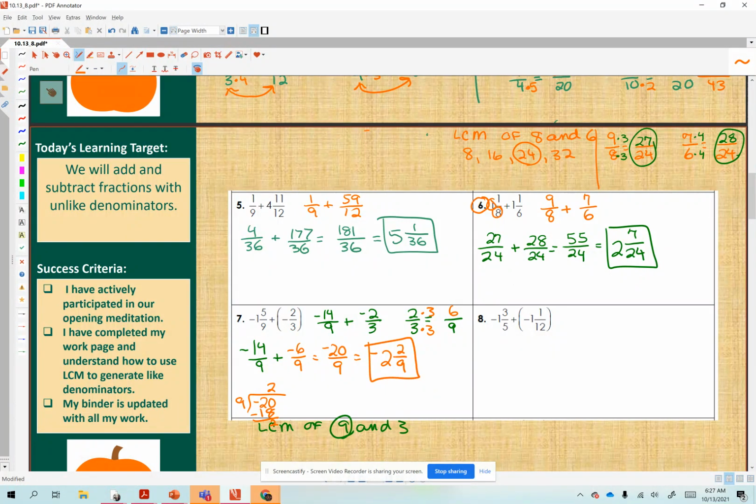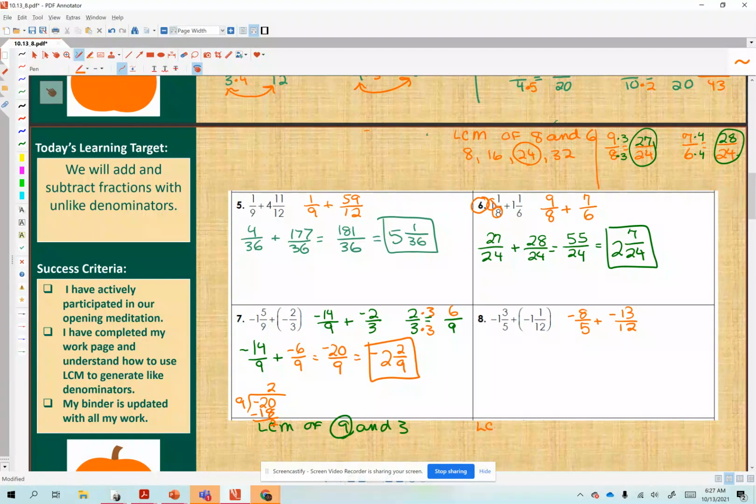Okay, number 8. We have negative 1 3/5 plus a negative 1 1/12. First we will convert them to improper fractions. 5 times 1 is 5, plus 3 more is 8, so that would be negative 8/5 plus a negative 12 times 1 is 12, plus 1 more is 13/12.